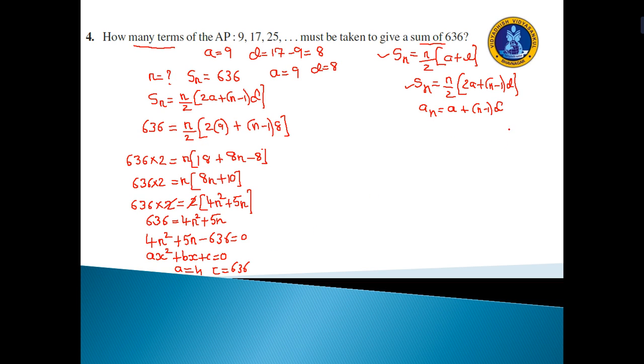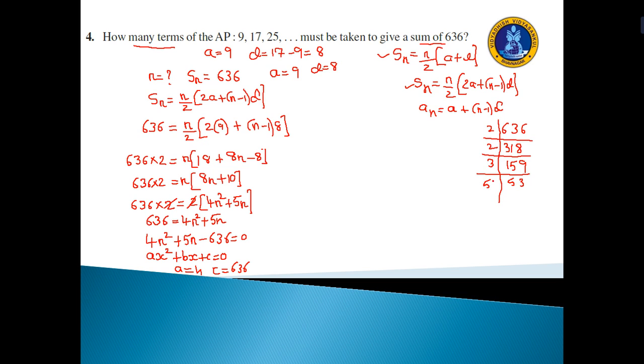So first of all we have to factorize 636. 2 threes are 6, 2 ones are 2, 2 eights are 16, again 2 ones are 2, 2 fives are 10, 2 nines are 18, again 3 fives are 15, 3 threes are 9.